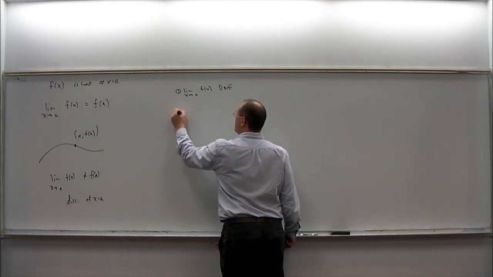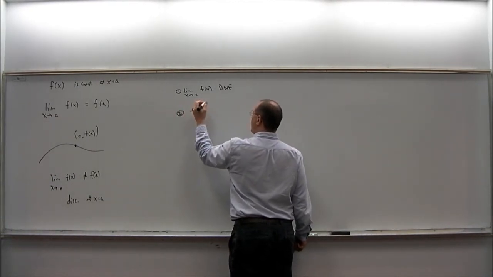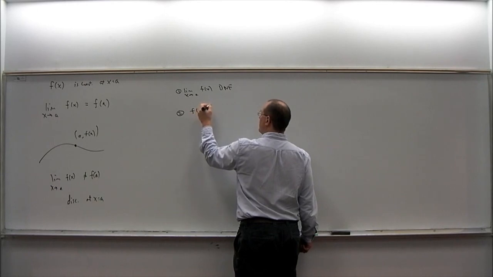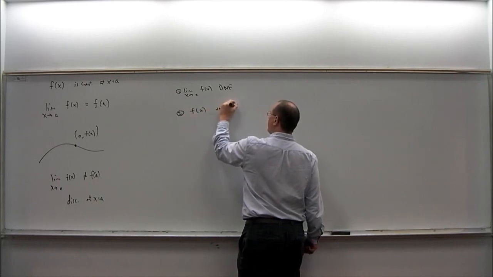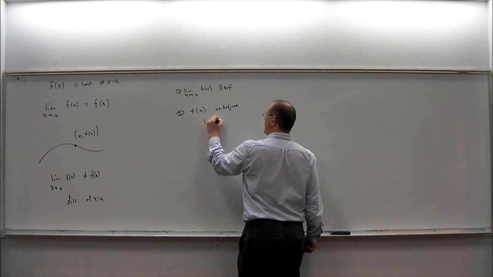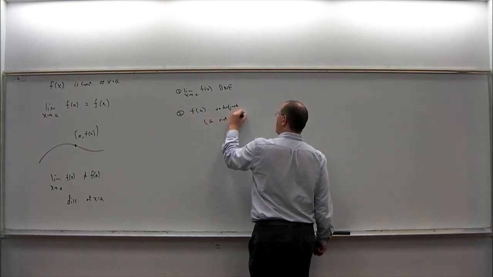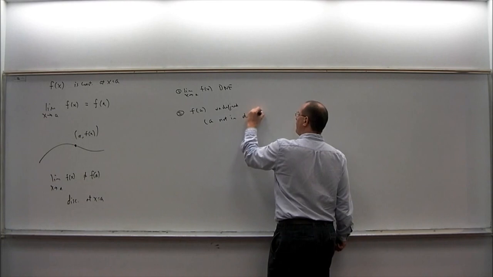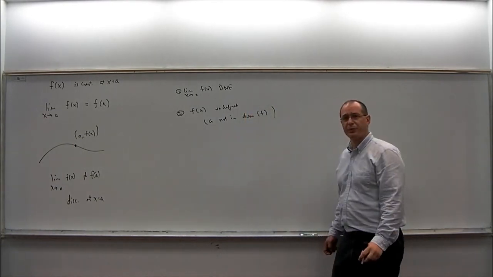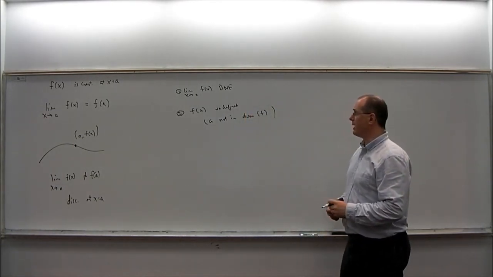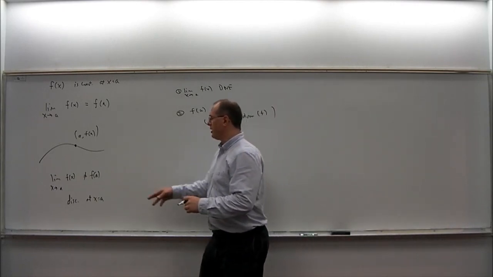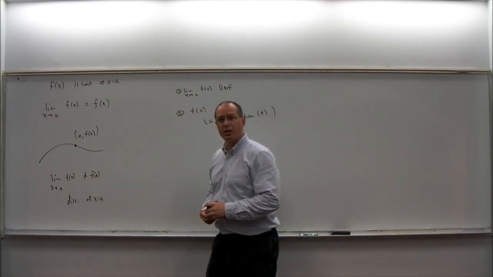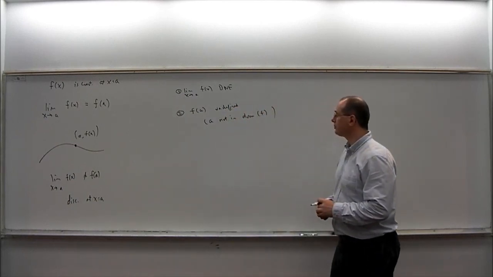Another possibility is that the function value does not exist, so f of a is undefined. In other words, a is not in the domain of the function. If f of a is undefined, then the limit will not equal the function value.